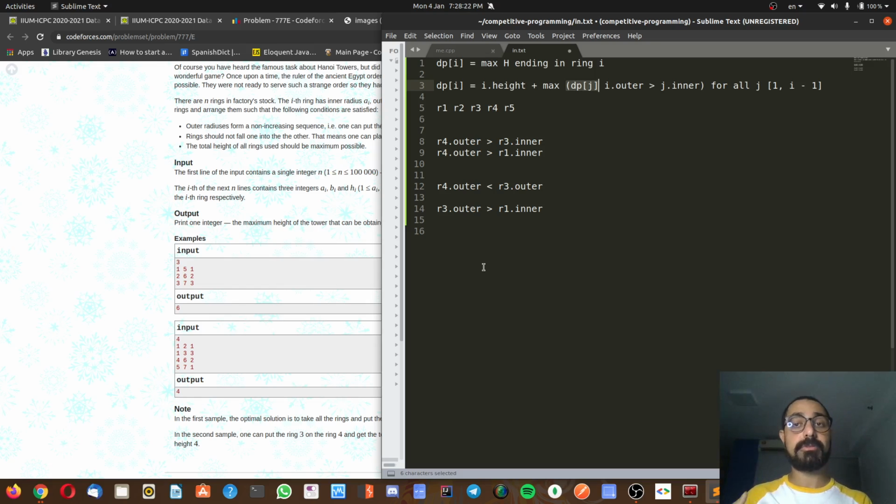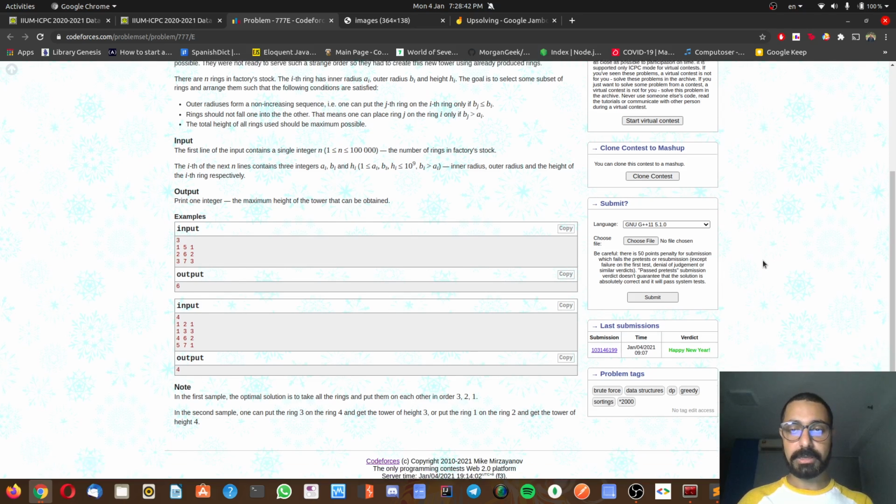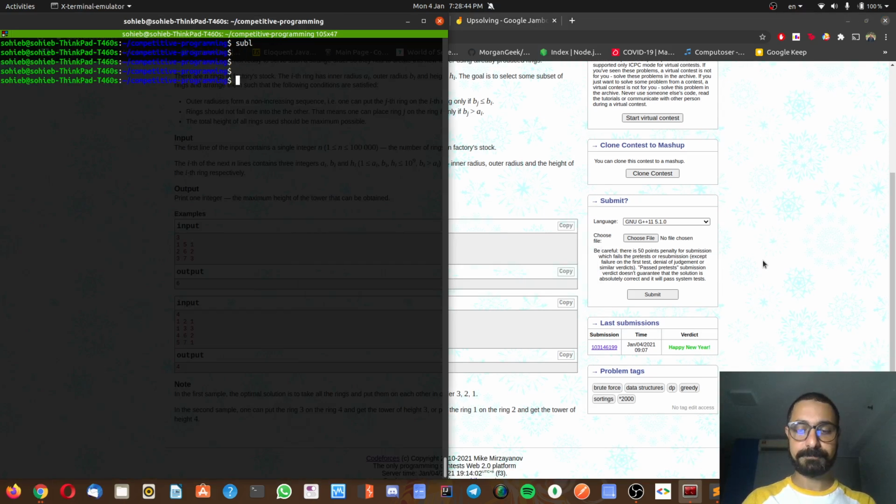What is the condition to be placed on top of that ring? My outer radius should be greater than the inner radius of the previous ring. This dynamic programming can be calculated, and instead of checking all the previous elements, I'm only interested in the first one of them. So we can move now to implement this idea.